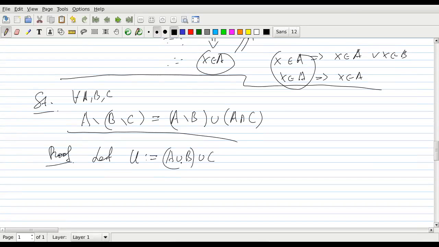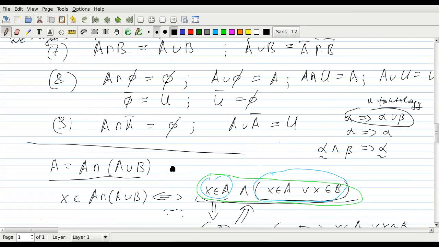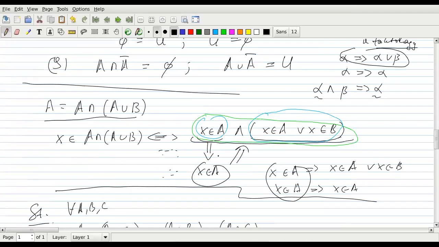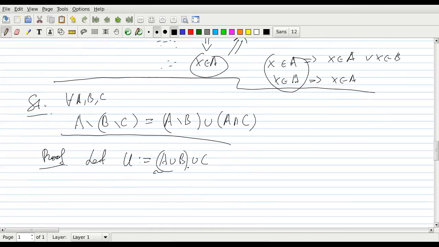By the way, you know that (A union B) union C is the same set as A union (B union C). So the place of these brackets just does not matter. So you may omit the brackets, assuming that they are placed this way, left associative.